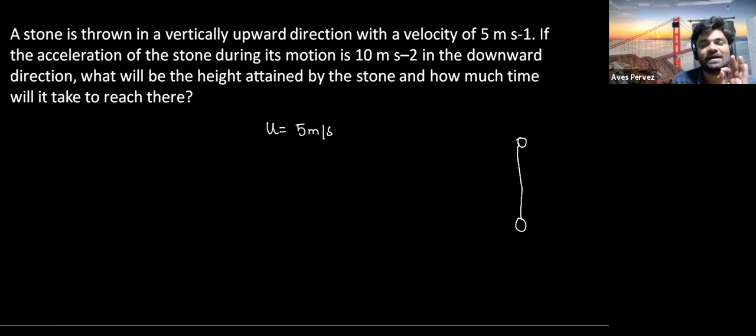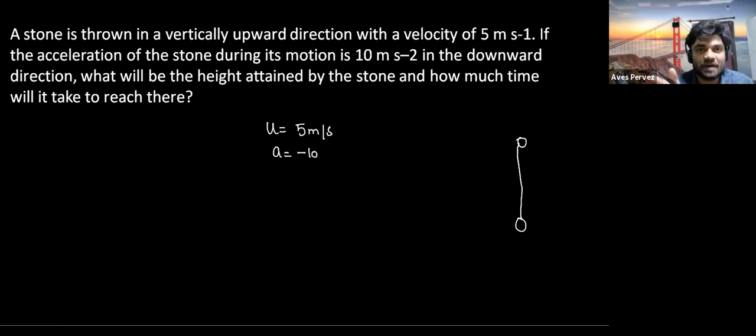You need to keep in mind here that whenever the velocity is constantly decreasing, we need to take the acceleration in the negative direction. Whenever it is given that an object is thrown upward, we take the acceleration as negative because the speed will continuously decrease.